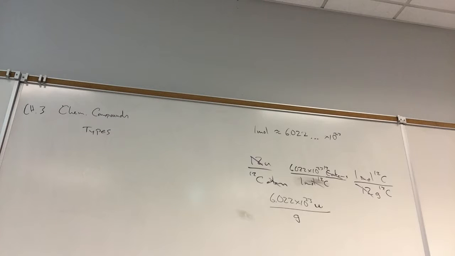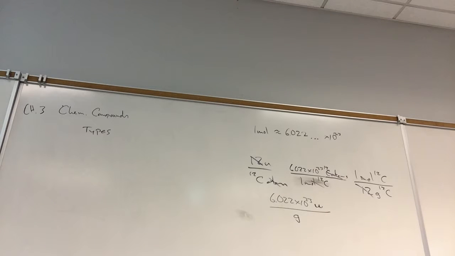Sometimes metallic compounds are called mixtures because you can vary them. For example, if you had a metallic mixture of iron and nickel, since you can vary those, they don't have a fixed composition.